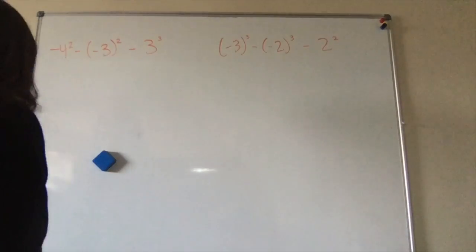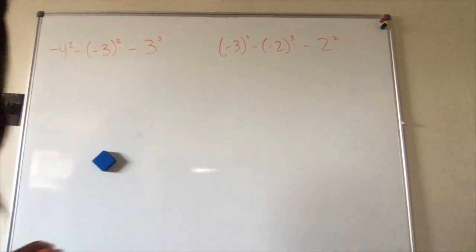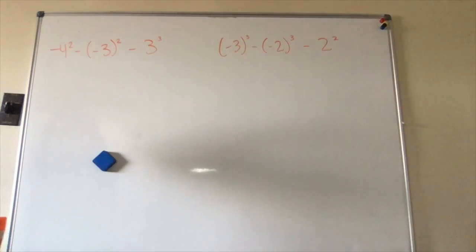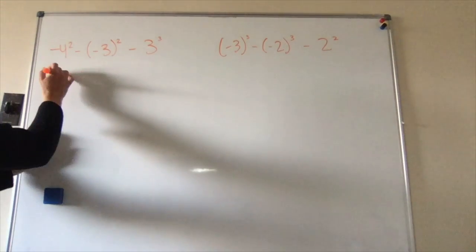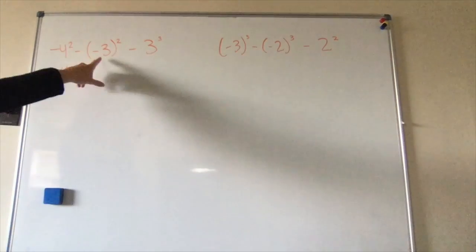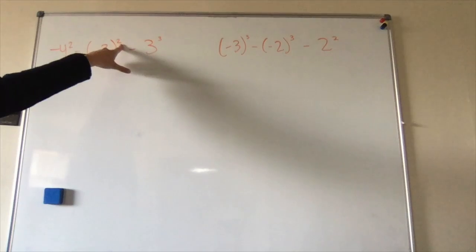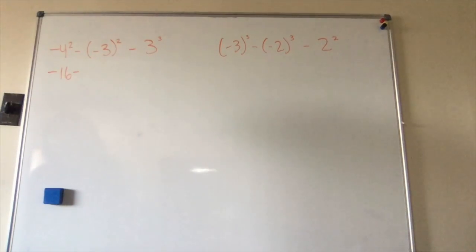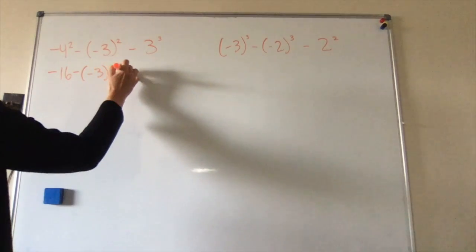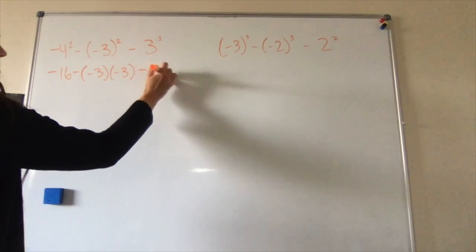All right, so step by step, going through each term from left to right. Negative 4 squared, remember, means the opposite of 4 squared, which we just reviewed was negative 16. I'm going to bring down my minus. Now negative 3 squared means negative 3 times negative 3, minus 3 cubed.